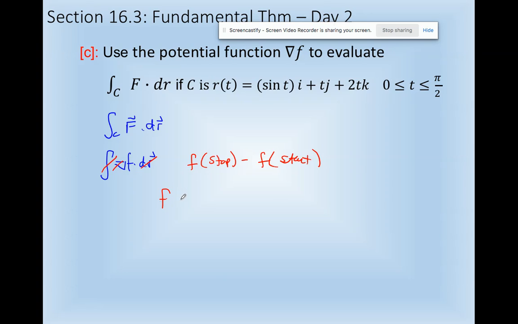F, though, is in terms of x's and y's and z's. Head scratch, head scratch, head scratch. Oh, wait a second. This is x. Right? So what is r of stop?